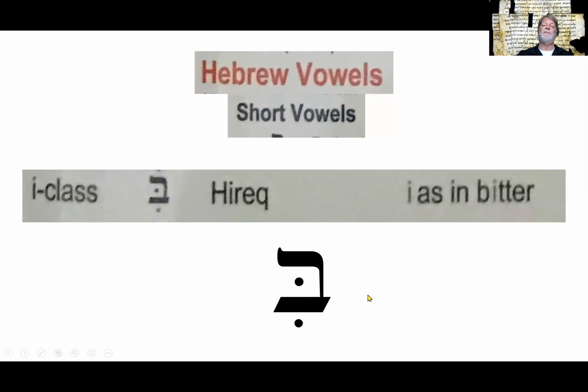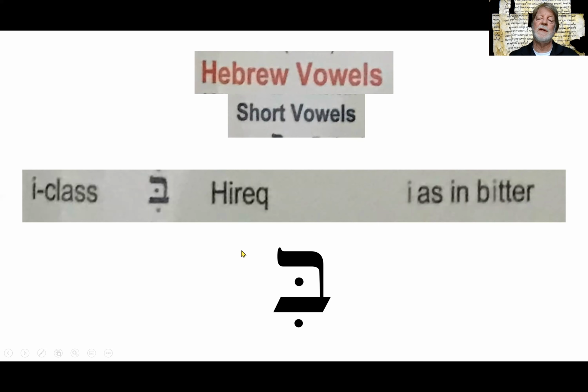The next example of a vowel we have is also in the short vowel category. It's an I class vowel, and it's a single dot underneath the consonant. The name of this vowel is hirek, and it's the I sound as in the English word bitter.